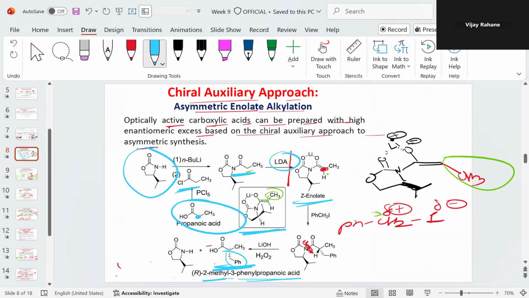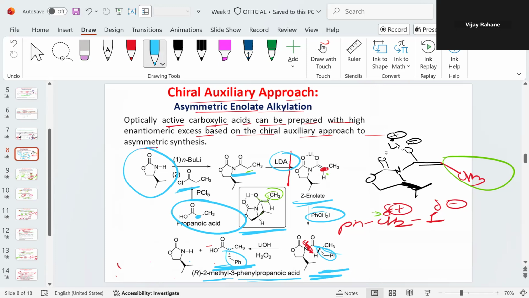That step, basically the attack on the electrophile, takes place based on the stereochemistry present in the chiral auxiliary part, mainly the steric hindrance created by the bulkier group attached on the chiral auxiliary, which governs the stereochemistry in the product, right? In this case, the sterically bulky group is attached on the upward side. Therefore, our electrophile comes from the downward side, and this is what we get as the product.